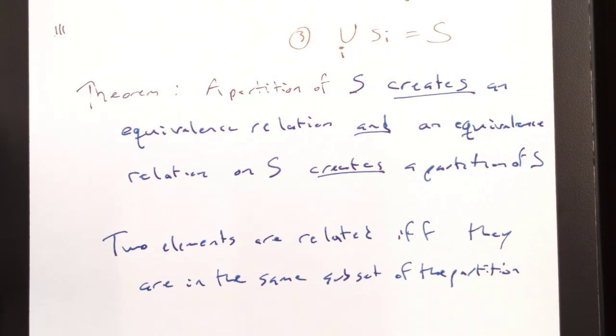As soon as I created a partition, I created an equivalence relation. If I give you an equivalence relation, you've automatically created a partition. Just find the classes, and you've got the sets in your partition. By the way, an equivalence relation is reflexive, symmetric, and transitive.